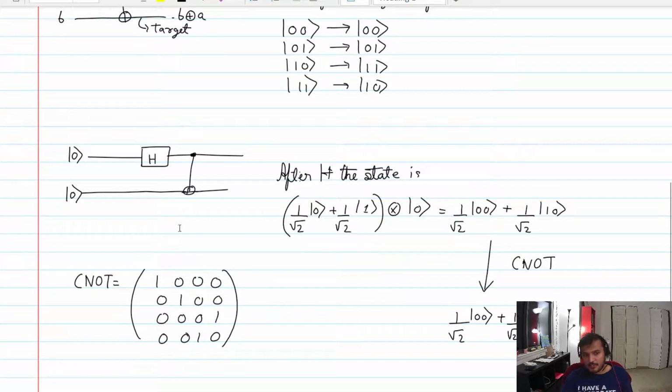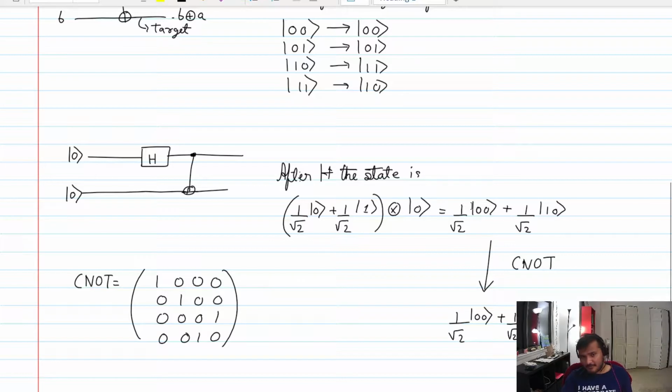So at this point, the state of the system is the first qubit, which is the plus state, outer product 0. So if I write it out, I get 1 over square root 2, 0, 0, plus 1 over square root 2, 1, 0. Just add the 0 in here because it's an outer product. Now, when I apply the C naught, what happens?